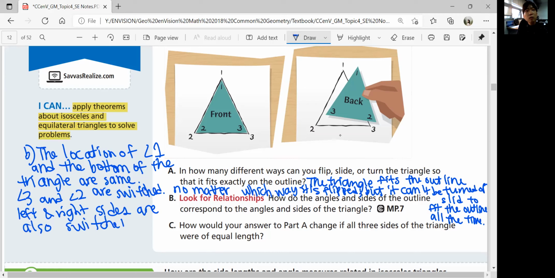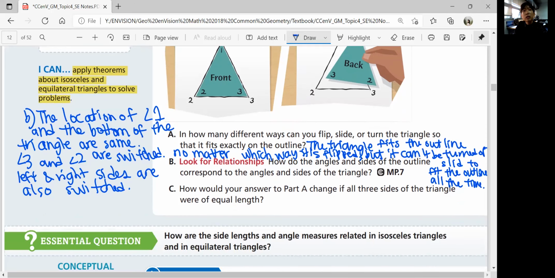Okay, part C. How would your answer to part A change if all 3 sides of the triangle were of equal length? If all the sides were equal length, if this is an equilateral triangle, it could be turned by 120 degrees and 240 degrees and still fit in the outline. Okay, if it's not an equilateral triangle, it can't be turned at all.